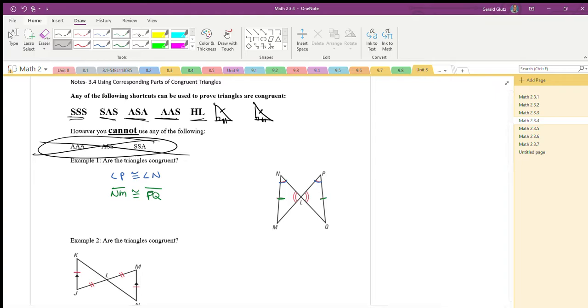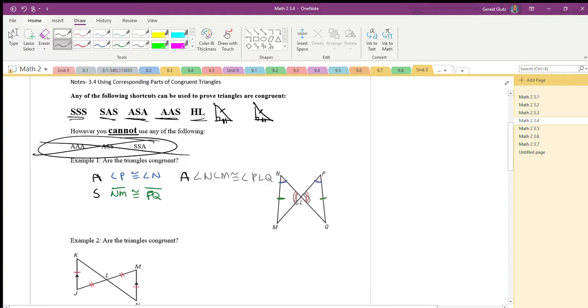And I also know that angle NLM is congruent to angle PLQ. So we have a side and then two angles. So this was an angle, this was a side, this was an angle. So now I have three things, so I can prove that the triangles are congruent.